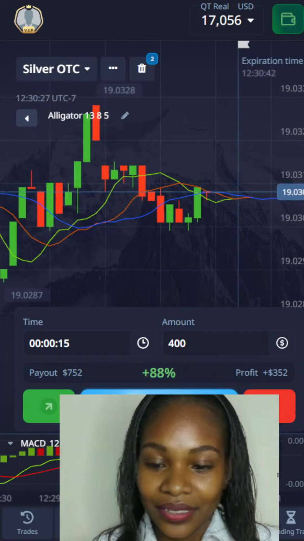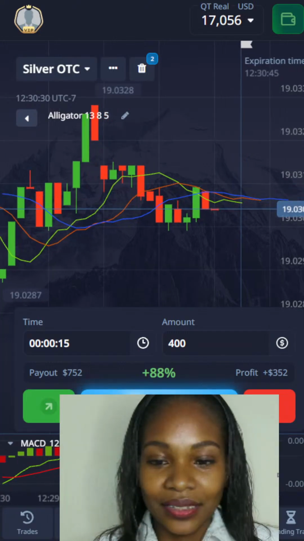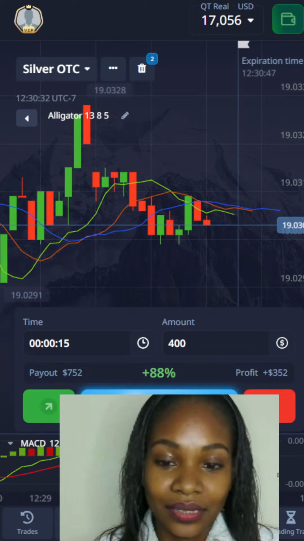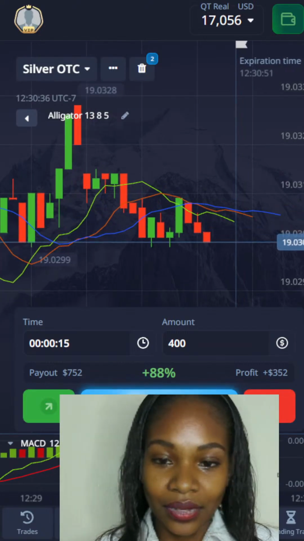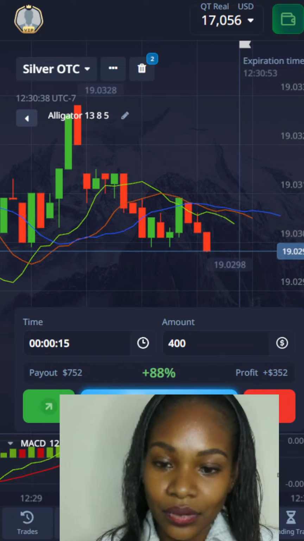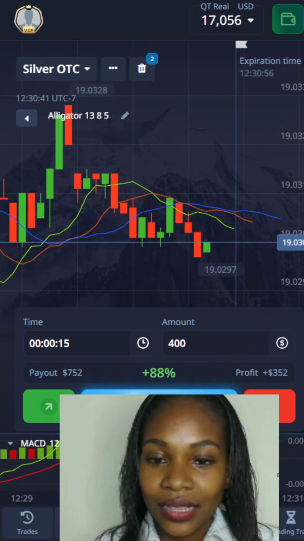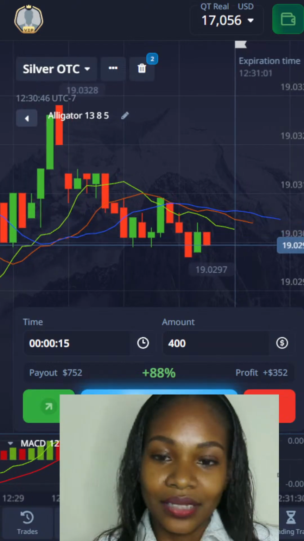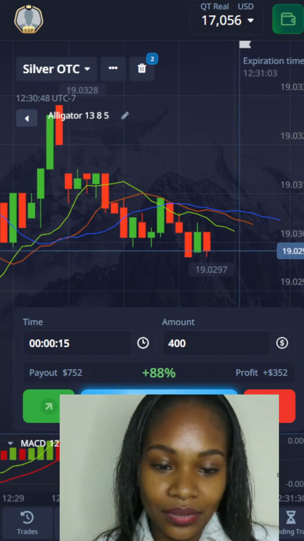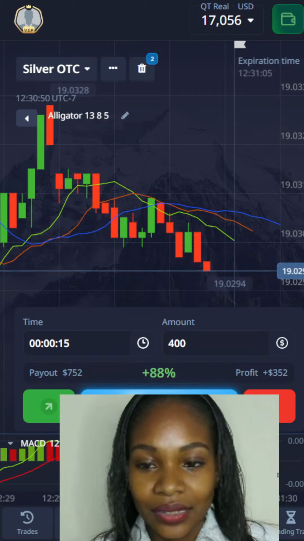You are seeing the direction that the market is taking, then the higher highs, the higher lows, the lower highs, then the candlestick patterns, right? So when you understand that, please take time, understand that, and then get into the market.